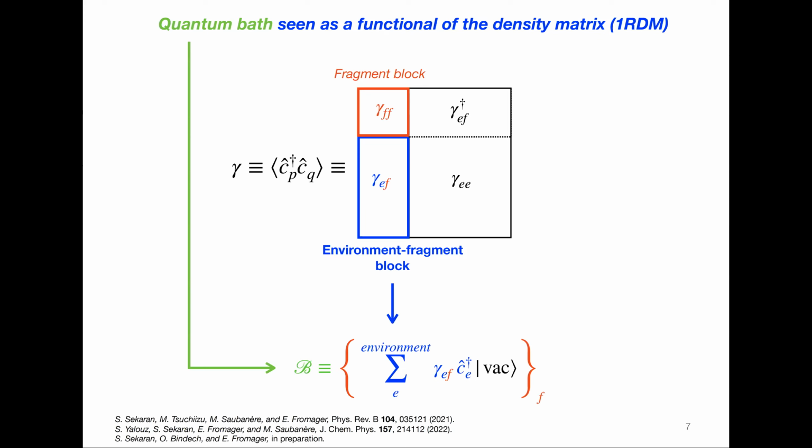The bath is actually nothing but the collection of spin orbitals, and there are as many as the number of orbitals in the fragment you want to embed. As you can see in the formula here, you just use the density matrix elements of this environment-fragment block to design the quantum bath. So it's actually as simple as this.